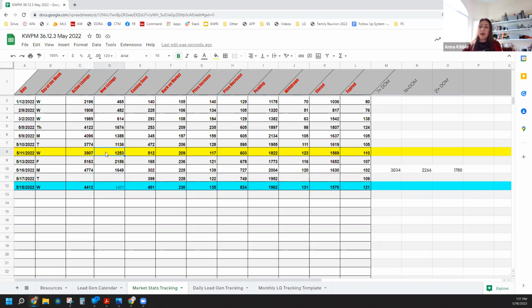This Wednesday versus last Wednesday, about 200 more homes went on the market. So we've got an increase there. Coming soon is really similar, 23 is the delta there, so pretty similar week to week. Back on the market, also still pretty similar, another 25-ish delta there.